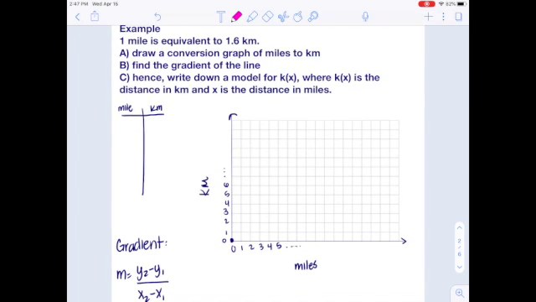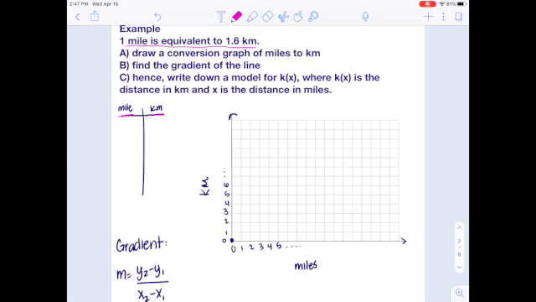One of the popular conversions is 1 mile is equivalent to 1.6 kilometers. So we're going to draw the conversion graph of miles to kilometers. You want to write your miles as your x values and your kilometers as your y values.